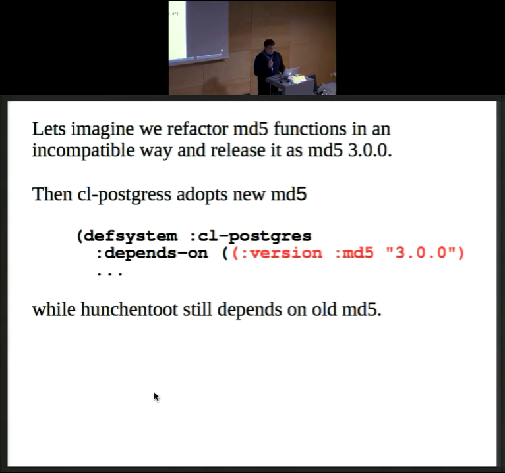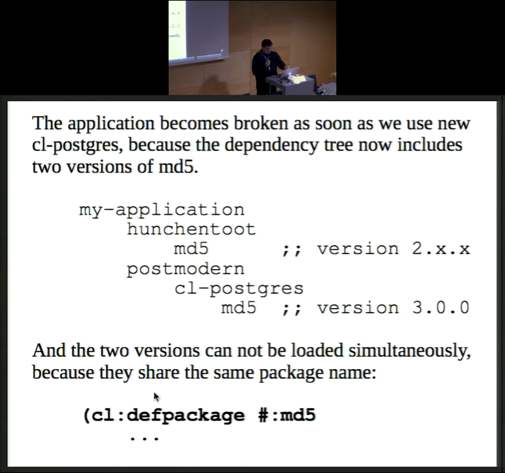So if we imagine that we change the MD5 API incompatibly, for example, change function parameters, and signal this just by upgrading the major version number, and then we imagine that CL-Postgres adopts the new MD5 while Hunchentoot still depends on the old version of MD5. Like this. Hunchentoot uses version 2 and CL-Postgres uses version 3.